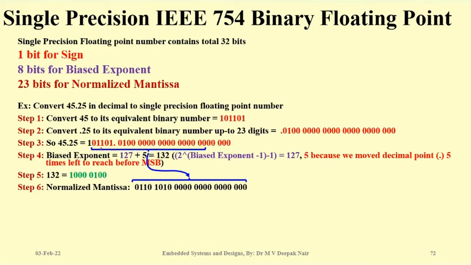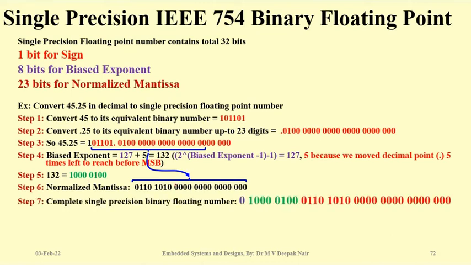So 0, 1, 1, 0. Then after that 1, 0, 1, 0. Then after that all zeros. Clear? This you have done. So this is normalizing the mantissa, because you have shifted the dot to just before the MSB point.